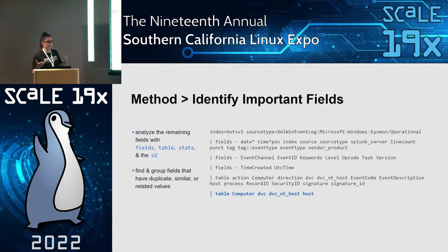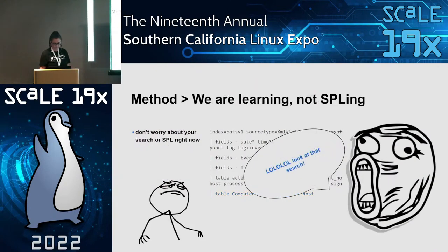Let me look at all of those and figure out what's the difference. Which ones do I want to keep? Which ones do I want to trash? Do they need to be normalized in some way? And I'm just going to use, again, our basic fields table stats, the UI. We're going to find and group fields that have duplicate and similar values, make more trash piles, figure out which ones we want to keep.